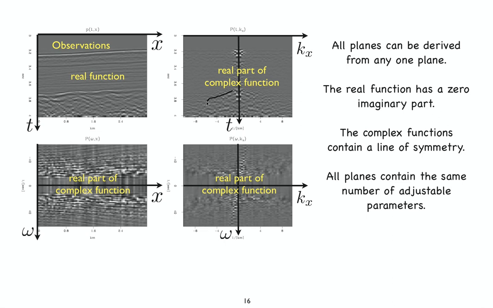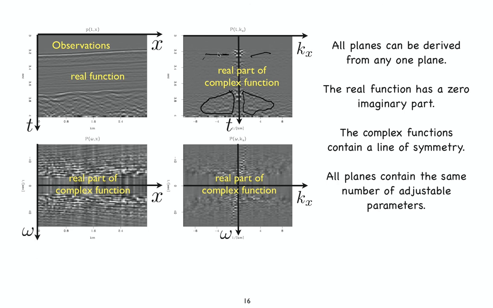You can see that this blob over here is matched by this blob over here. There's a symmetry in this kx space. And of course, it really stands out up above. So that's a normal thing.